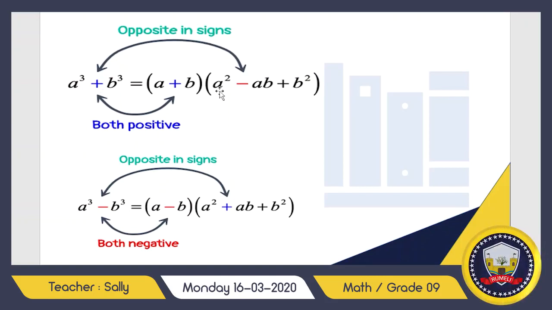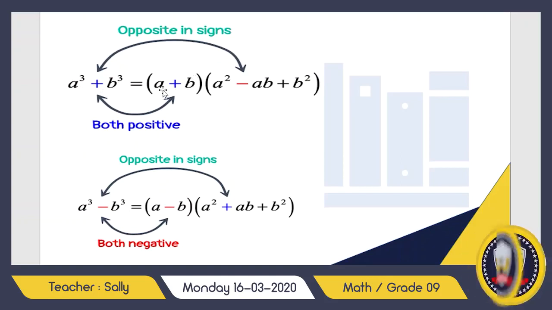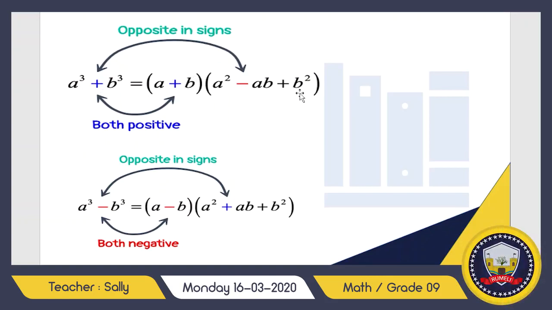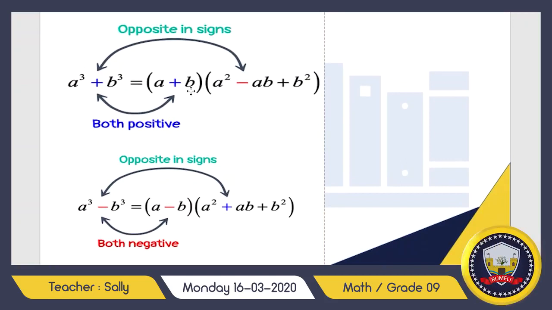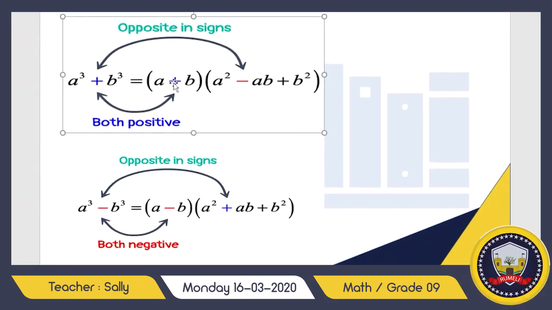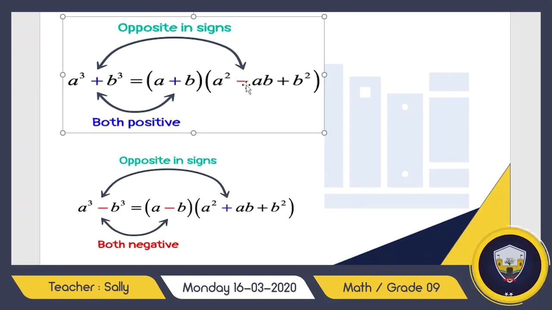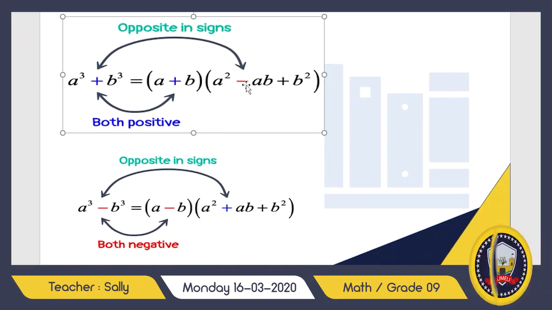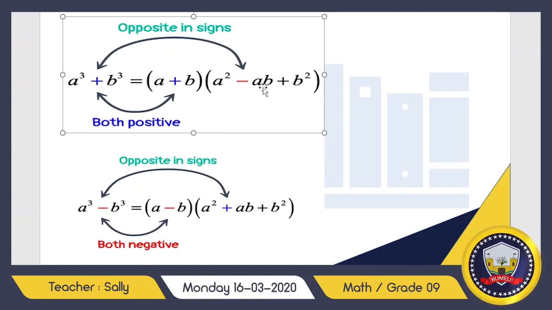The first term is the square of the first term of the first bracket, and the last term is always positive, and it takes the square of the second term. Okay, and here a positive sign, I will put in the middle term a negative sign, and I just multiply a by b, which is going to be negative ab.